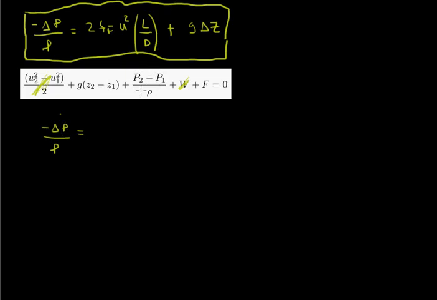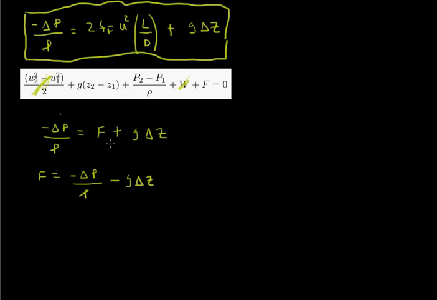If I take this term and move it over to the right hand side of this equation, that's what I'm going to do right now. That's equal to our frictional effects plus the potential energy, so that'll be g delta z. Then let me solve for this F term. F is equal to negative change in pressure over the fluid density minus the potential energy effects here.